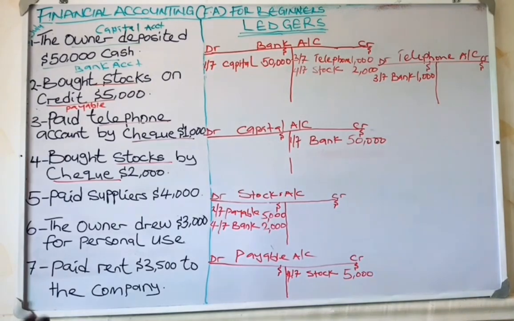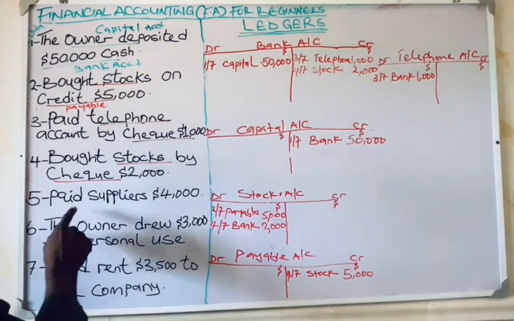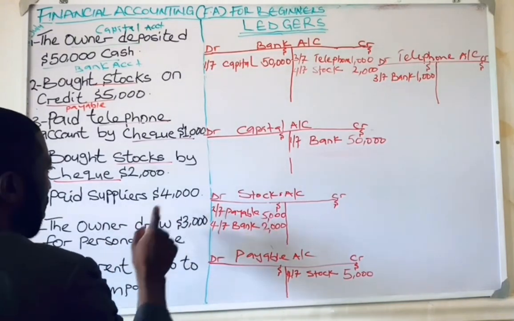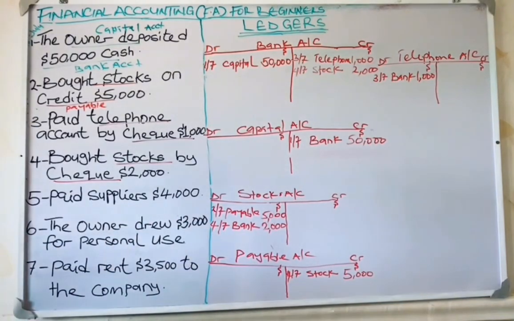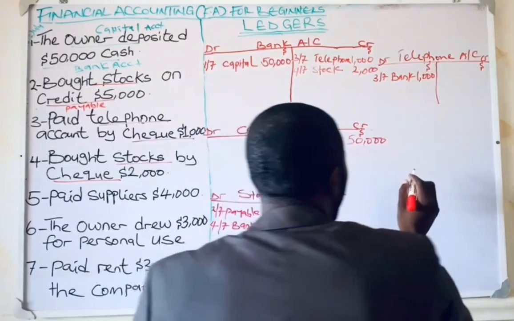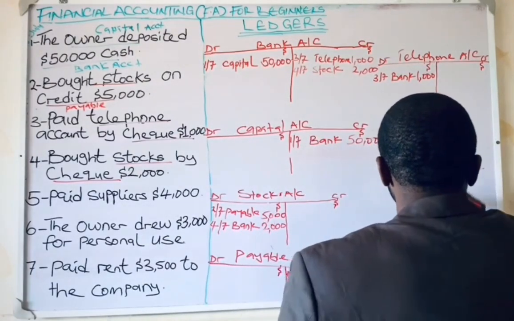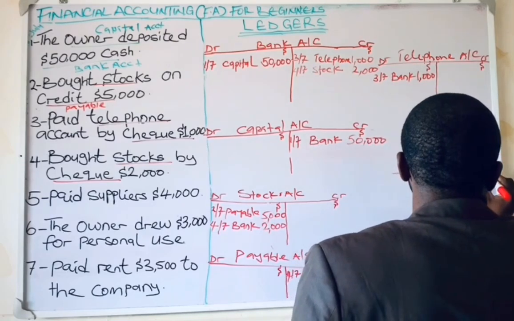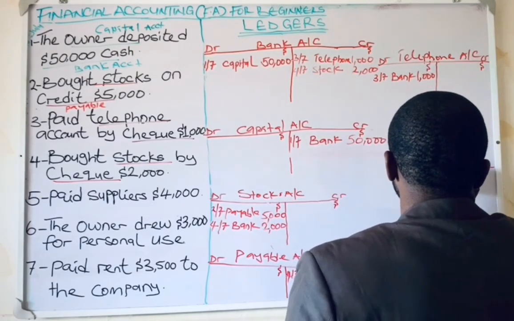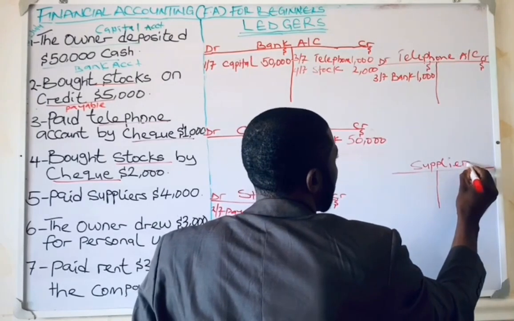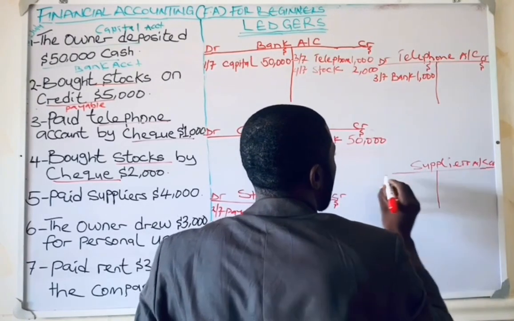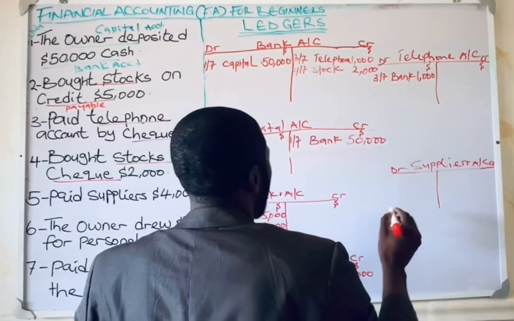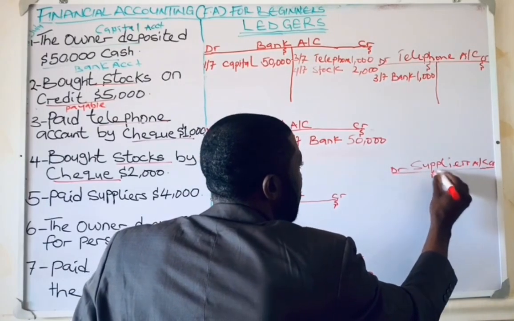Let's go to the 5th transaction. Paid suppliers $4,000. We are paying and the suppliers are receiving. We don't have a suppliers account, so you have to open the suppliers account, with credit and debit sides and the currency sign.